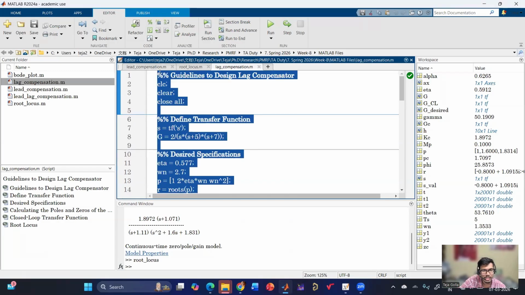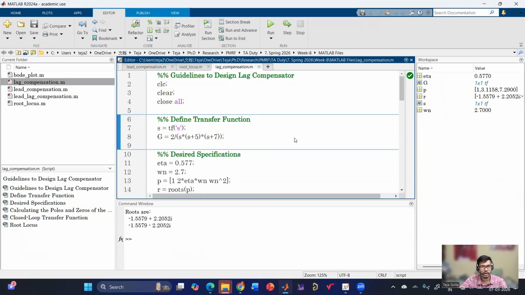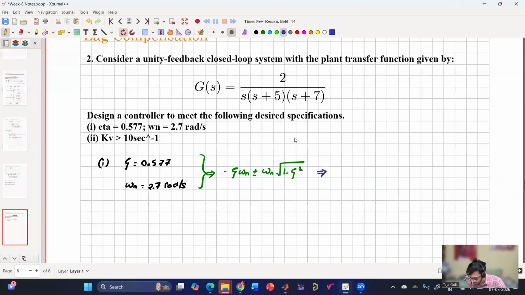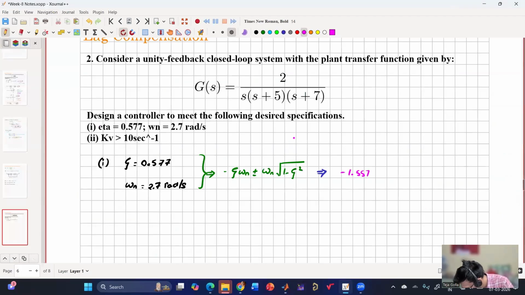If I run the code till this point, I will get the roots: minus 1.5579 plus or minus j 2.2052. So this is what I got.